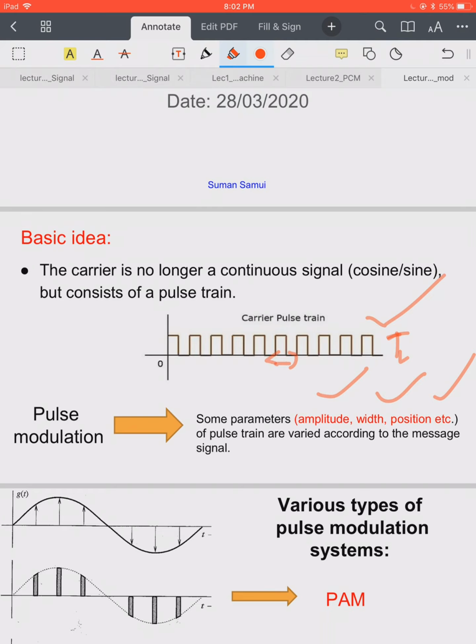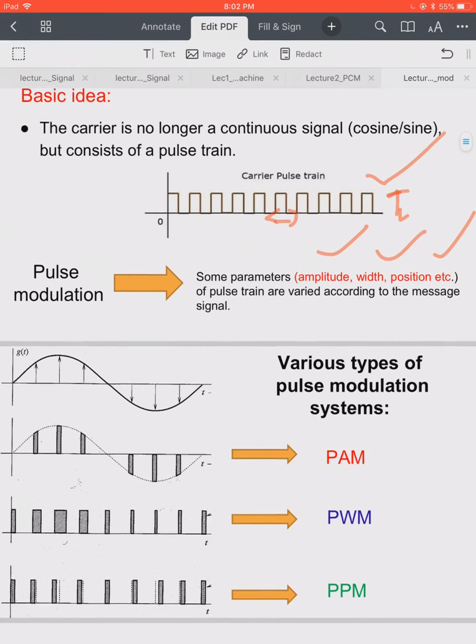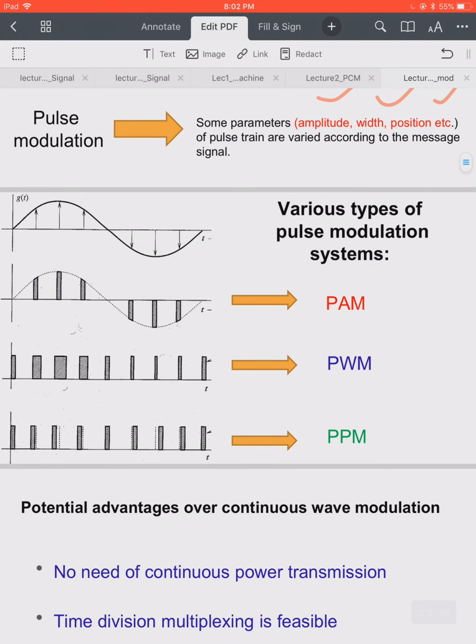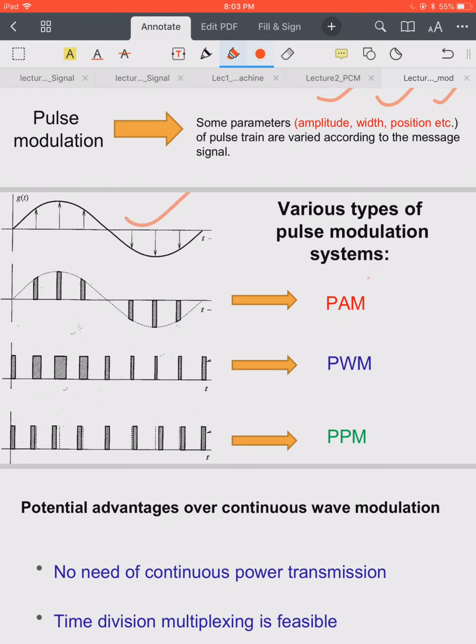Now let's see some examples of pulse modulation techniques. Suppose this is our message signal that we want to transmit over the channel. But we are not going to transmit the message signal directly. We are going to transmit a modified pulse stream, which will be varied according to this g(t), that means the message signal.